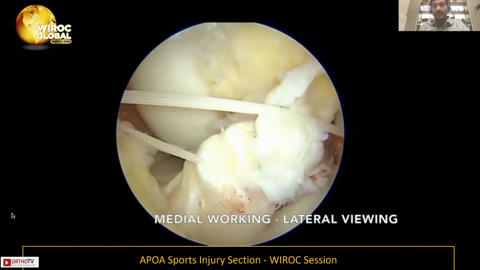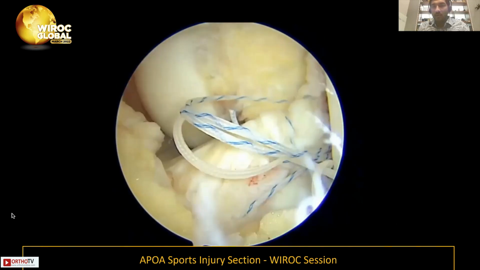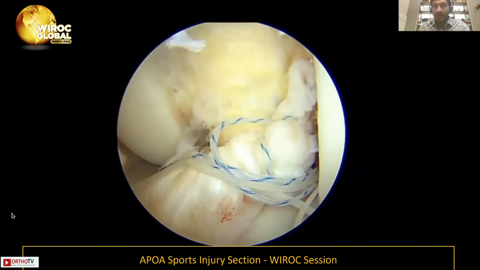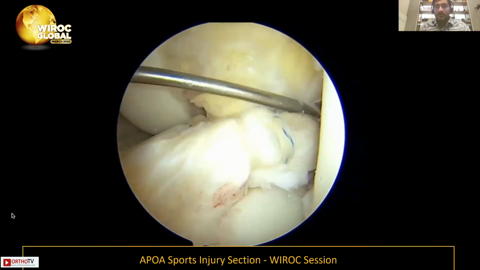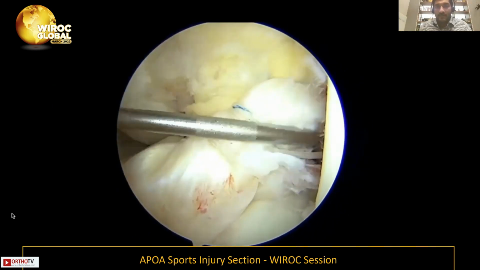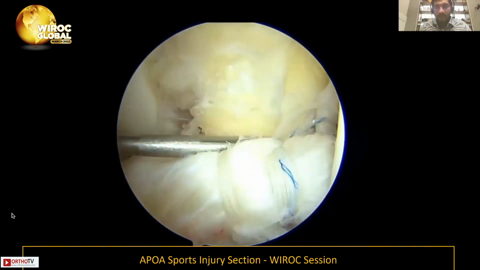All the sutures at the end are then shuttled out through the lateral femoral condyle, out on the lateral femoral cortex. And this is through the 4.5 mm tunnel that has been drilled in the knee.